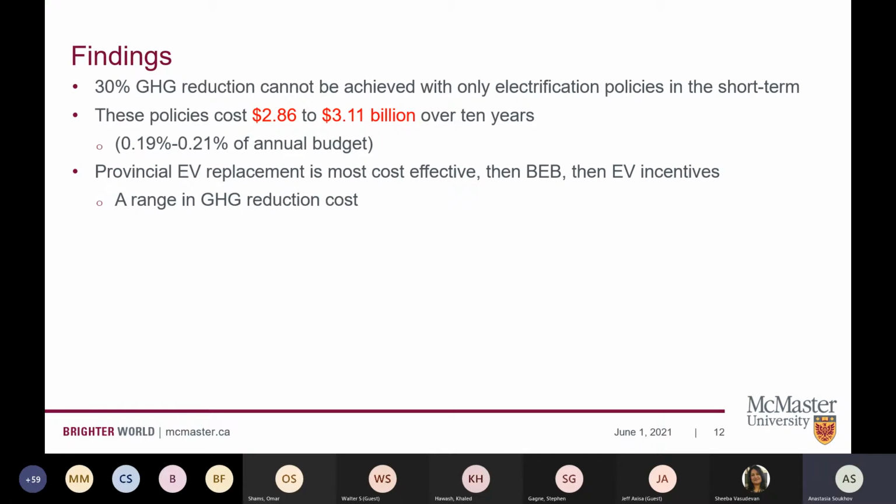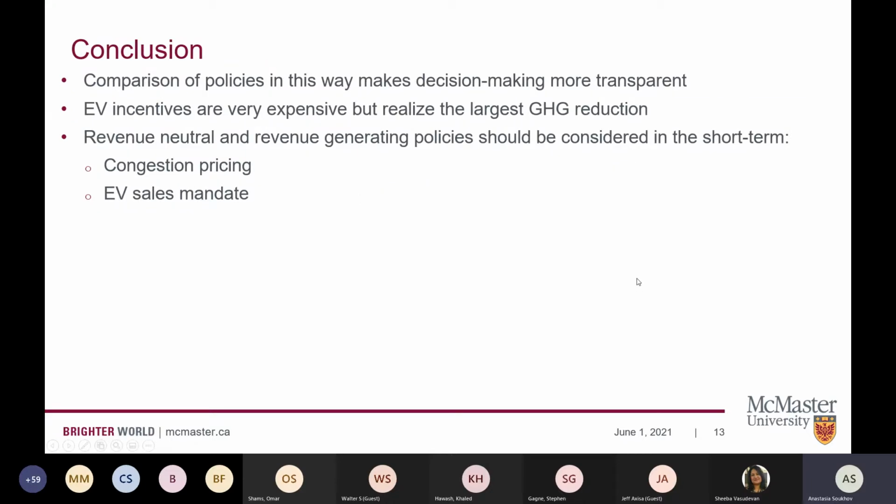But as I mentioned, there's also a range of greenhouse gas emission reduction costs. I only looked at a fixed greenhouse gas emission reduction, but in reality, there's such a large range depending on who chooses, and what someone's vehicle is before they purchase an electric vehicle, and that will influence the range of greenhouse gas emissions saved, you can imagine.